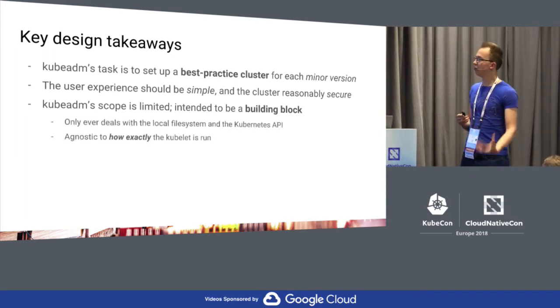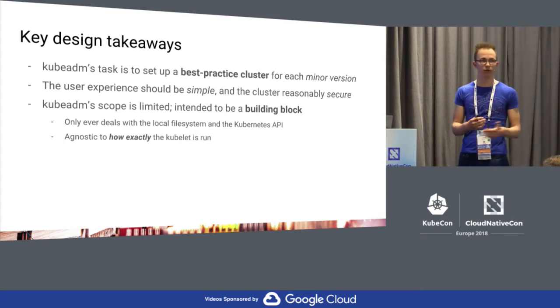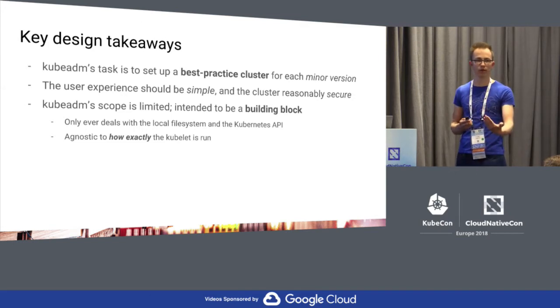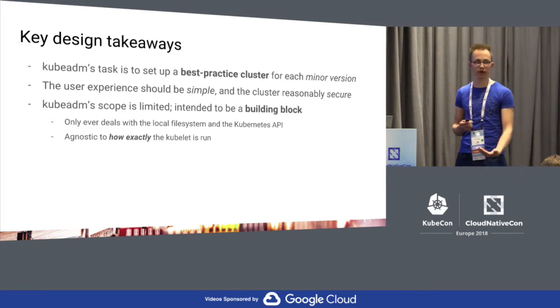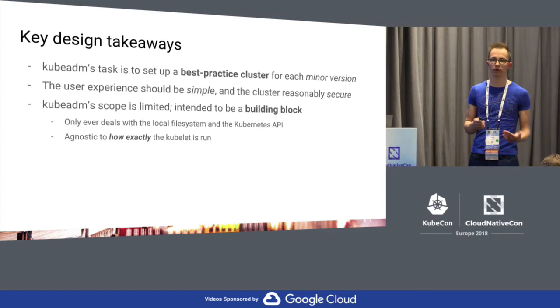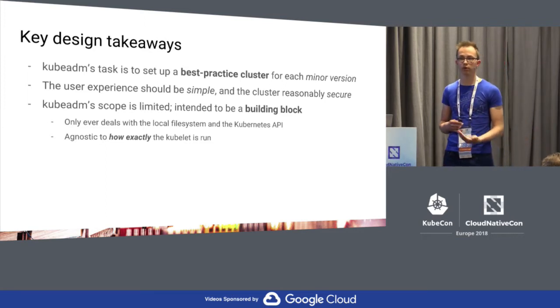And kubeadm only ever deals with the local file system, putting files on disk, and the Kubernetes API. Either it's a client to the API, or it creates files on disk required for Kubernetes to run. And kubeadm actually doesn't care about how the kubelet is run. It just assumes a kubelet is running somewhere.